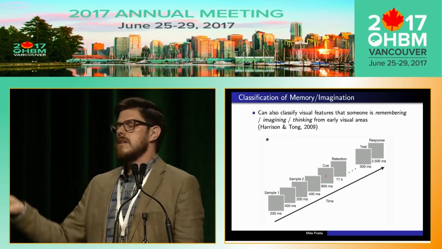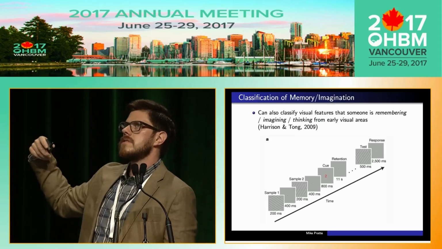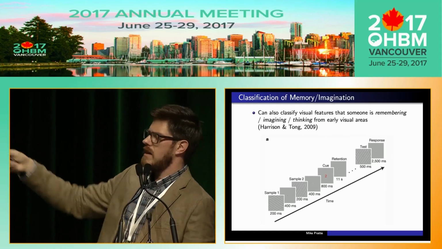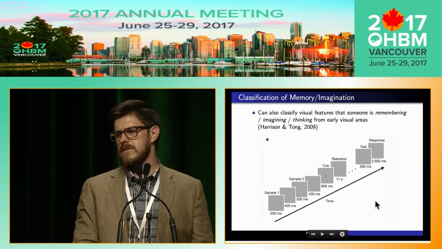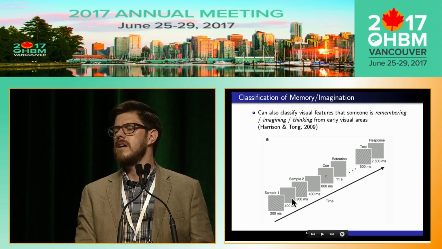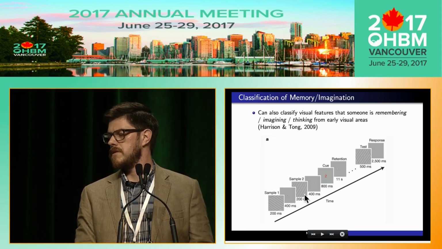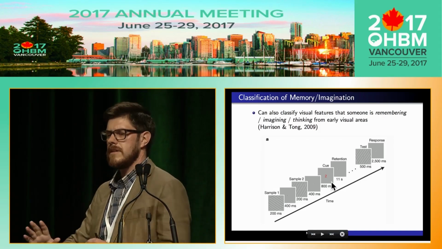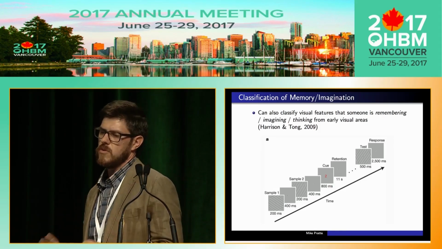A few years later, Frank Tong took this logic a step further. In this experiment, from 2009, a trial goes like this. First, you see some kind of stimulus, maybe an oriented grating here. Then you see another stimulus that has a different orientation. And then there's a cue. And the cue tells the subject here, remember the second grating.